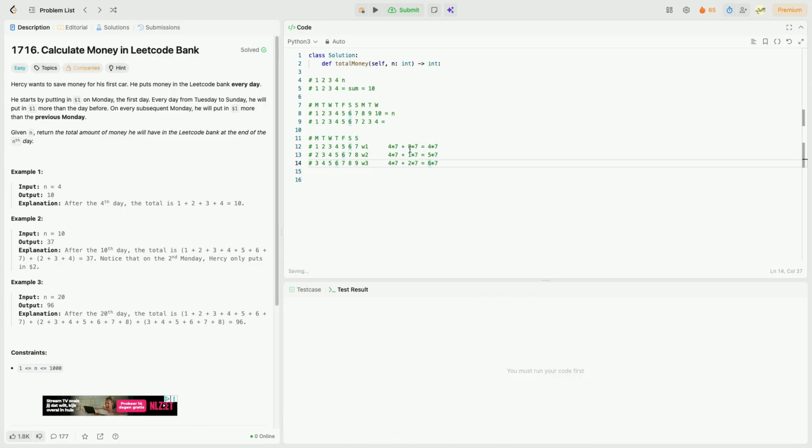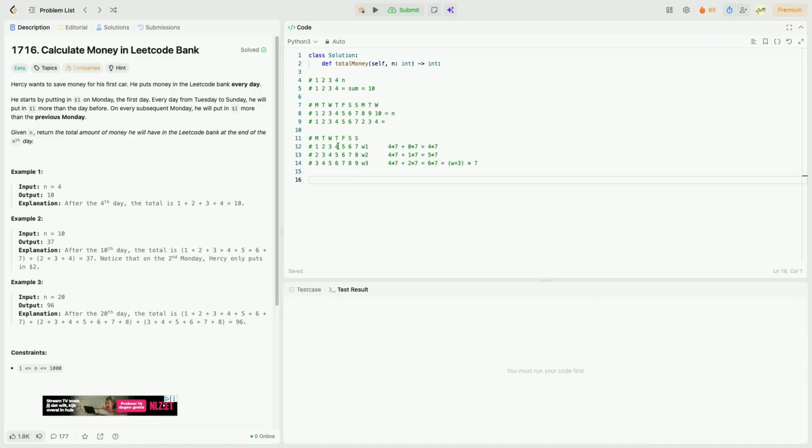So if we express it as the week number, we would say week number plus 3 times 7 is what we invest in week W. That's what we would invest.